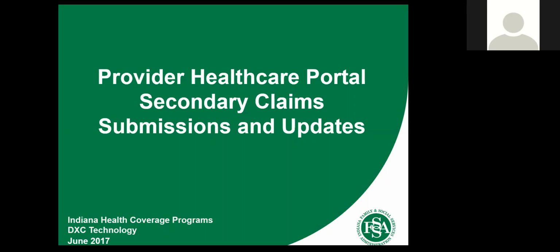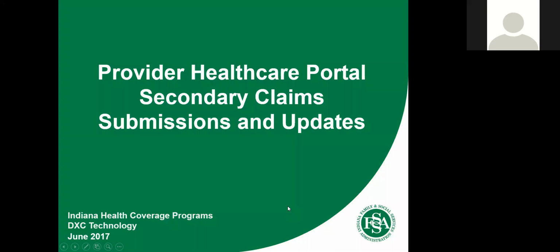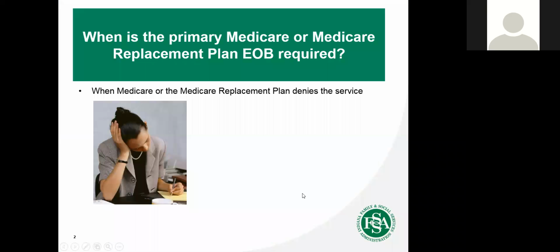So that being said, we're gonna move forward. So the first question is, when is the primary Medicare and Medicare Replacement Plan EOB required? Only if it is a denied claim. So when it's not a crossover, in other words, we need that EOB.